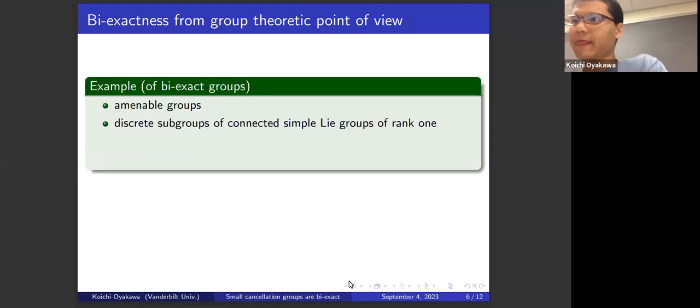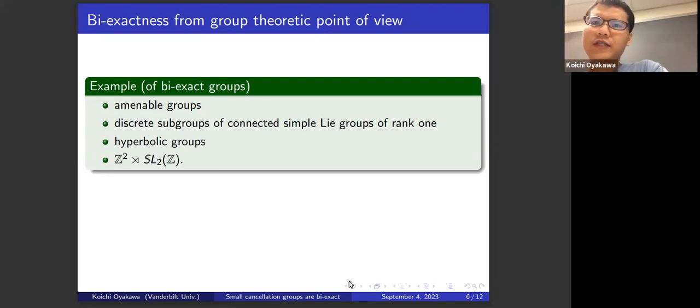Now, secondly, any discrete subgroups of connected simple Lie groups of rank one are bi-exact. To be honest, I'm not very familiar with Lie groups, so I cannot explain it much. And thirdly, any hyperbolic groups are bi-exact too. And we can show this by considering its action on the Gromov boundary. And finally, the semi-direct product of SL_2(Z) and Z^2. This example was proved by Ozawa himself.